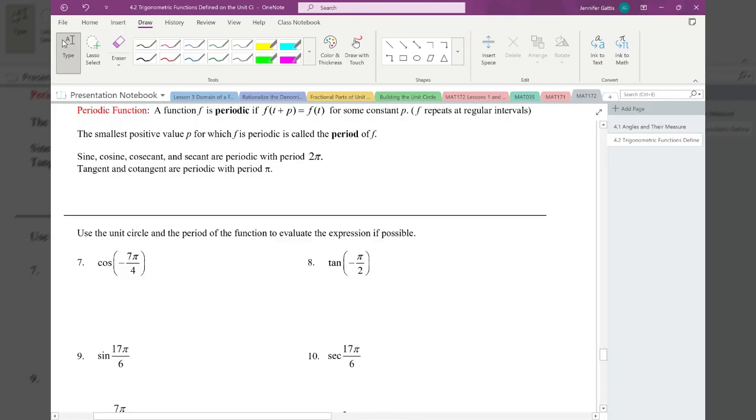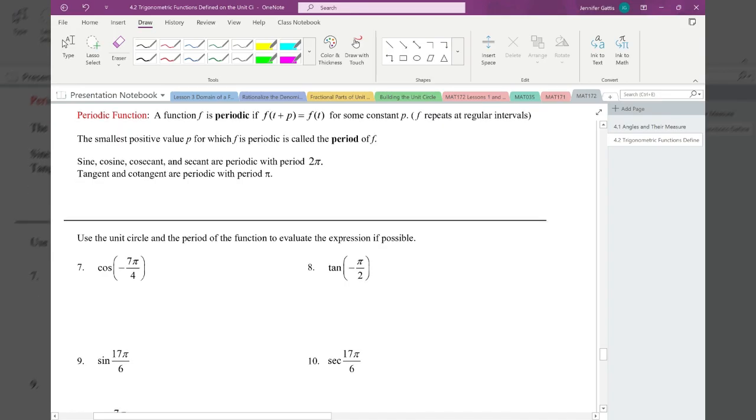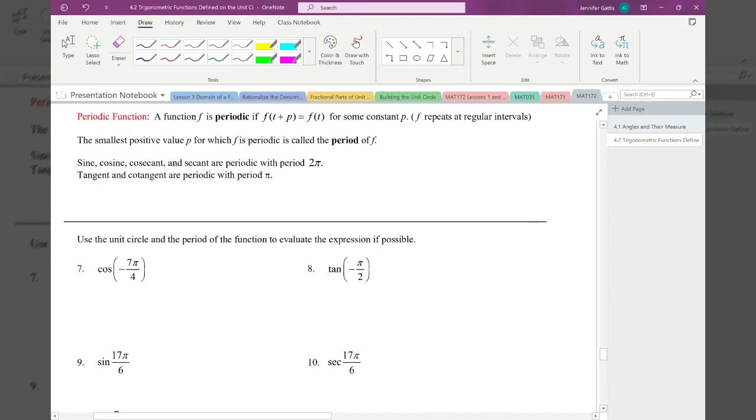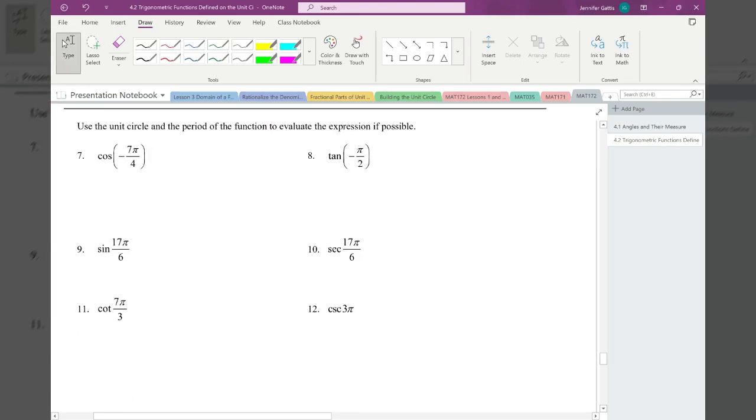So we can use this knowledge and our unit circle to evaluate these expressions if it's possible. It might be, it might not be. Okay? So this is where we need to pull out our unit circle or have it memorized. Okay? And you will need to have the unit circle memorized.